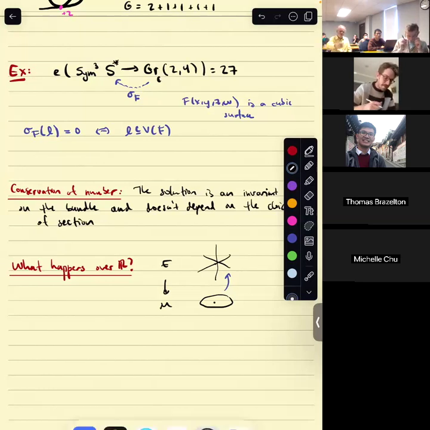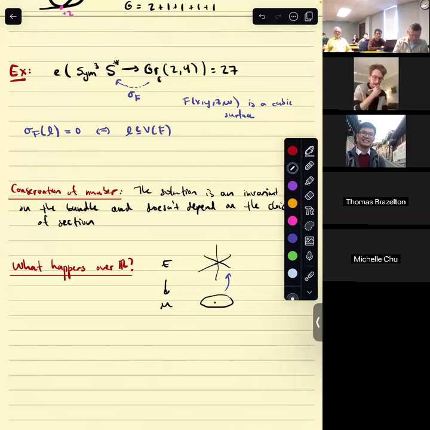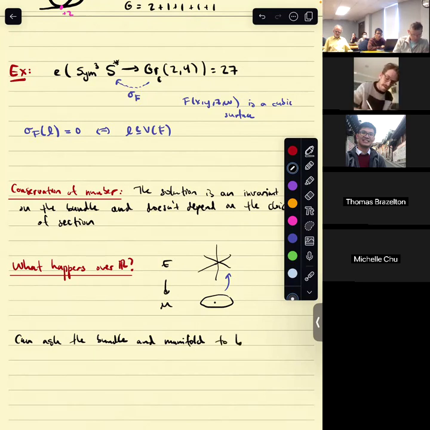So one thing I might be allowed to do is, I can ask the bundle and manifold to maybe not each be oriented, but have some compatible notion of orientation between the two of them. And this is something we call relatively oriented.